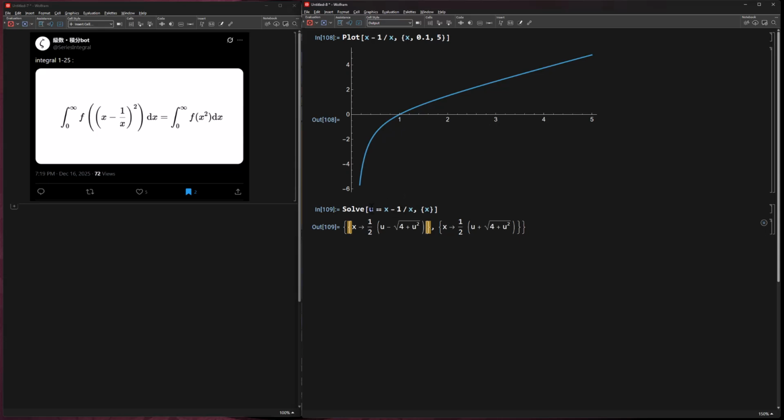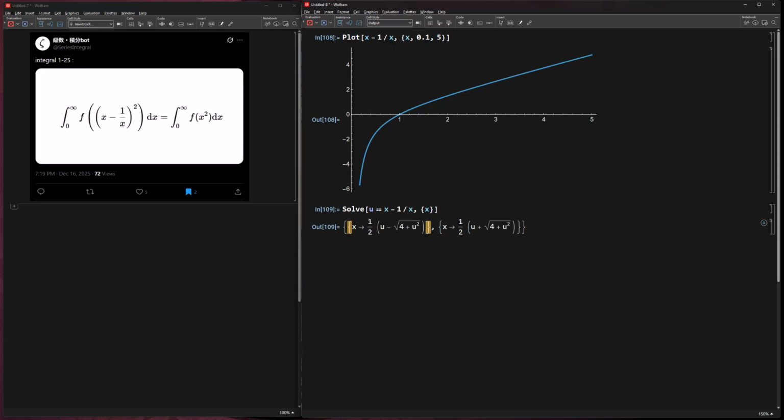But let's take a look at this other part. For this relation, if we solve for x in terms of u, basically what we do is find the inverse function of this curve. Because this curve is monotonic, this inverse function actually exists. We can imagine a line y equal to x and reflect this function with respect to that line.